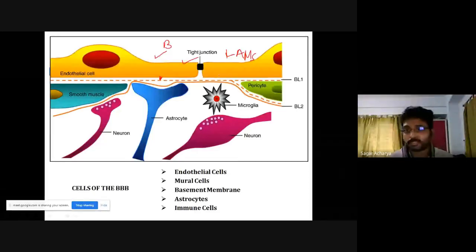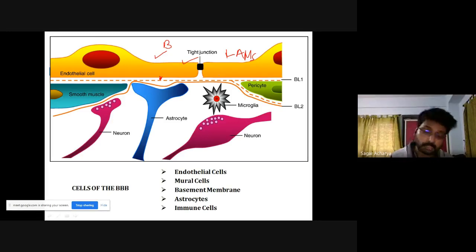So that needs two types of adhesion. One is called rolling adhesion and one is called firm adhesion. The two types of receptors are there over the endothelial cell for those adhesions for leukocytes. So these are cumulatively known as leukocyte adhesion molecules that are very much absent in those cells.